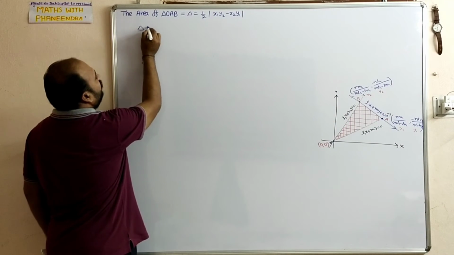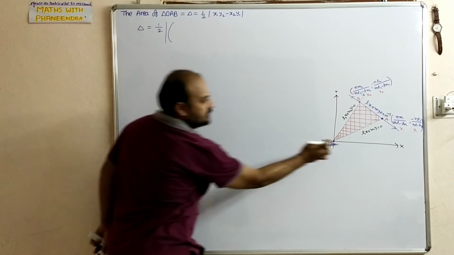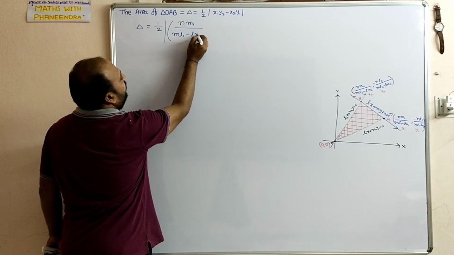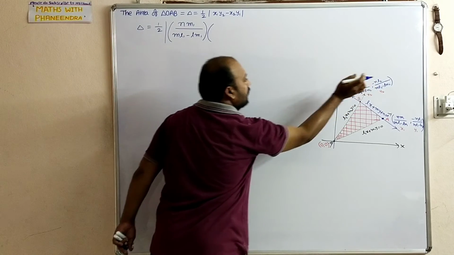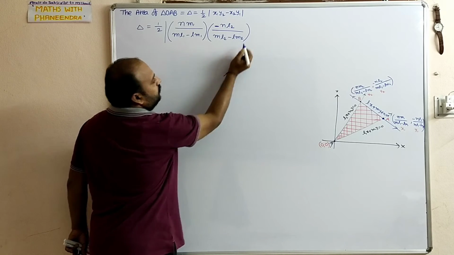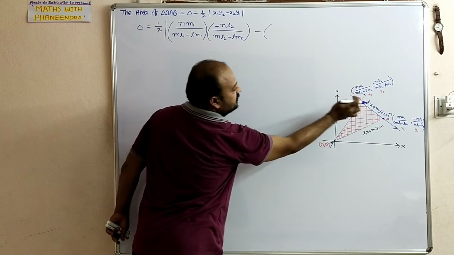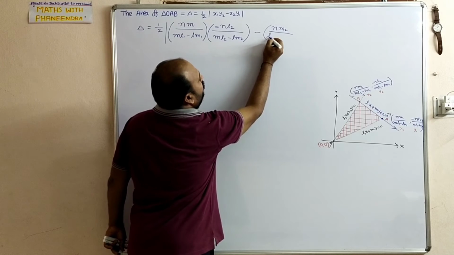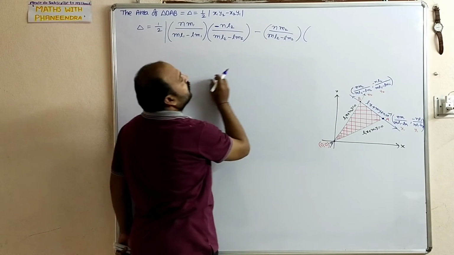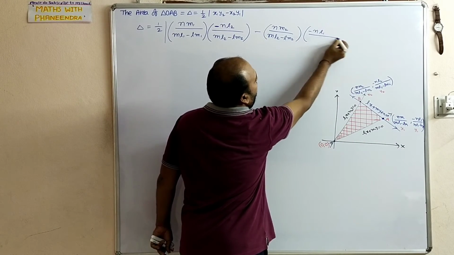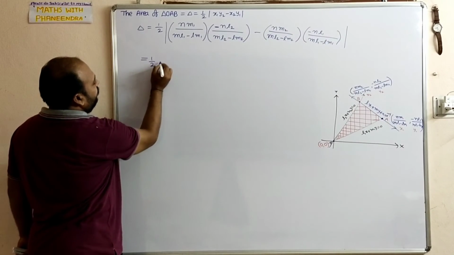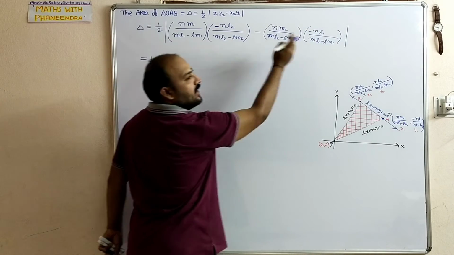So delta equal to half into x1, this is the value of x1, nm1 by ml1 minus lm1, into y2, y2 value is this one, minus nl2 divided by ml2 minus lm2, minus x2 is this one, nm2 by ml2 minus lm2, into y1 value is minus nl1 divided by ml1 minus lm1, which is equal to half into mod, here minus, here also minus, minus into minus is plus.